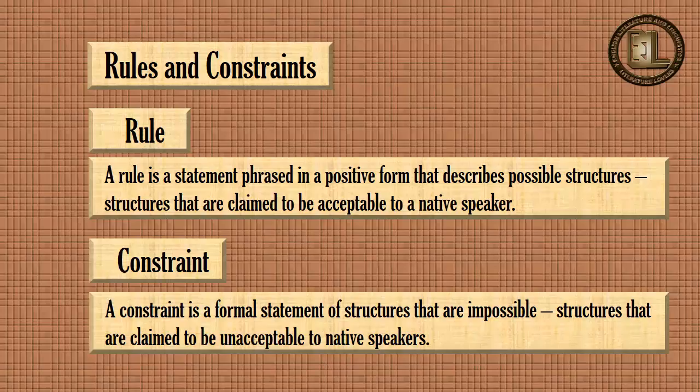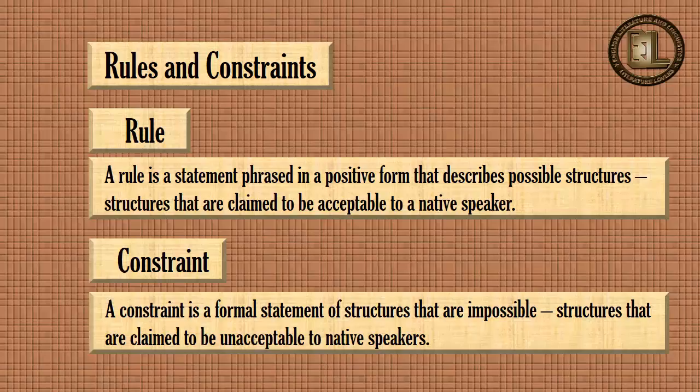The next terms in syntax are rule and constraint. So, what are rule and constraint? A rule is a statement phrased in positive form that describes possible structures, structures that are claimed to be acceptable to a native speaker.